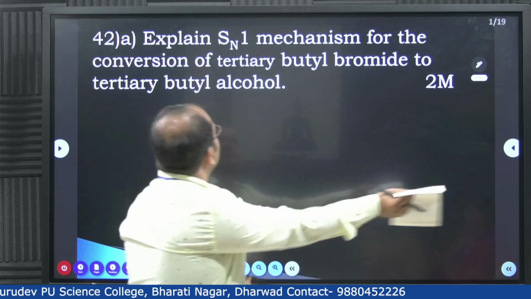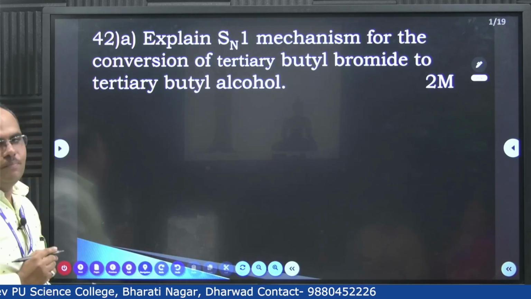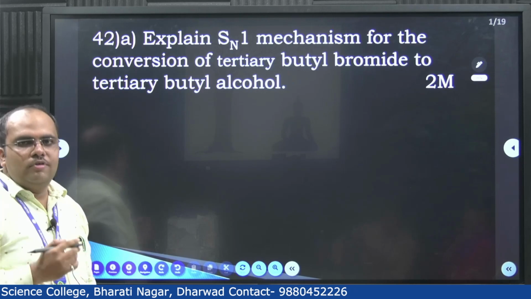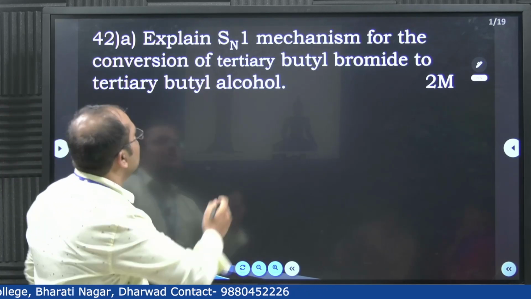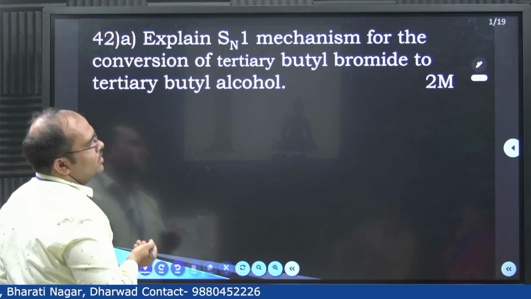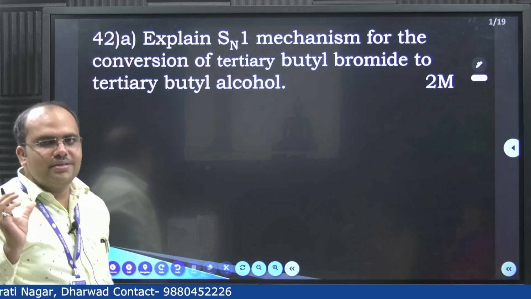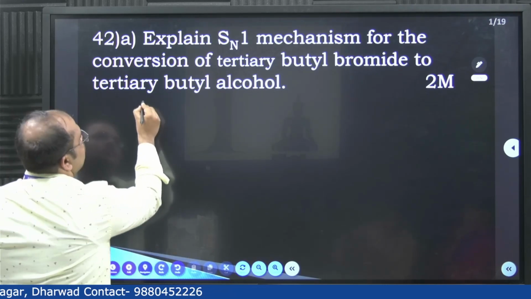Now we shall move on to the mechanism, very important. Somehow you will get two questions, either SN1 or SN2. Here in the SN1 reaction, my dear all, please remember that you will come across two steps.